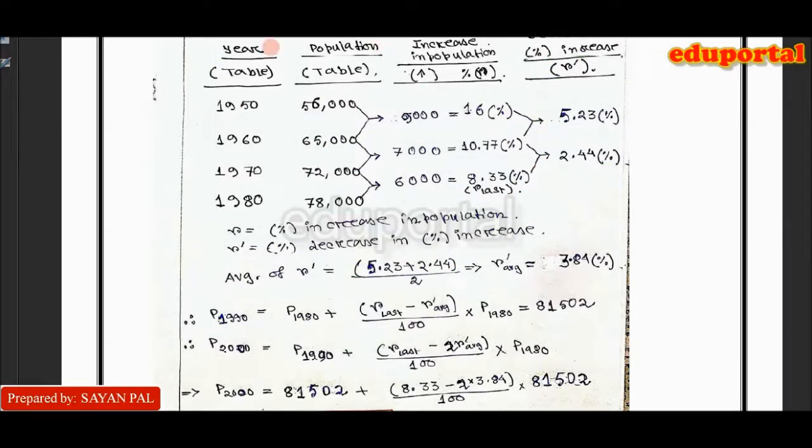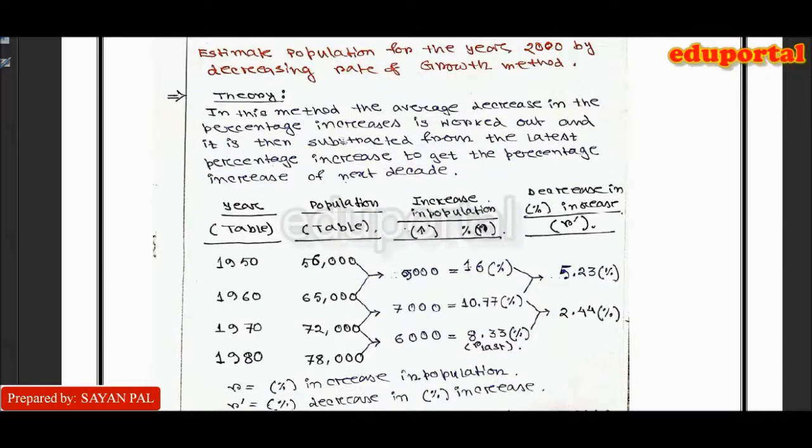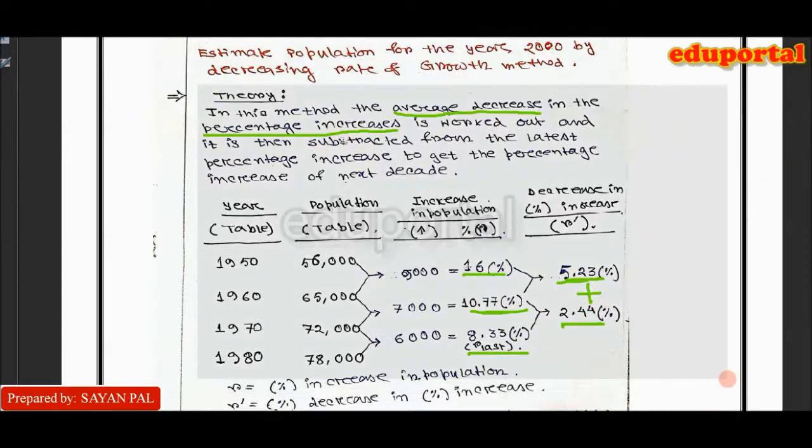Let's read the theory once again and it will be very clear. We have to take the average decrease in percentage increase. This is the percentage increase, this is a decrease, this is a percentage increase, this is a decrease. So we have to take the average of these two decreases to get the final value.